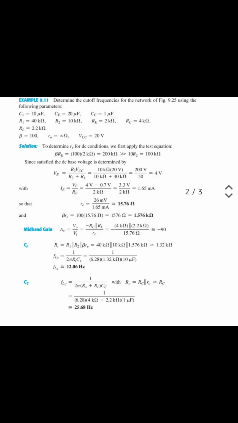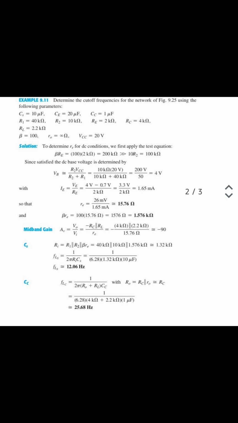Now let's move on to the output coupling capacitor, which has a formula of F sub Lc equals 1 over 2 pi times (Ro plus RL) times CC, with Ro equal to RC parallel to ro, approximately equal to RC.